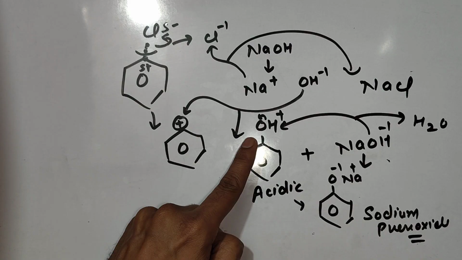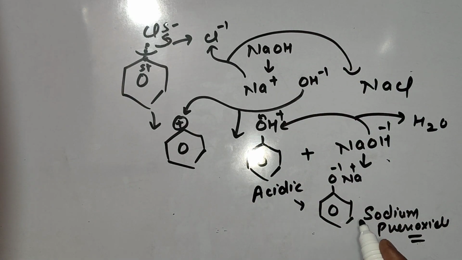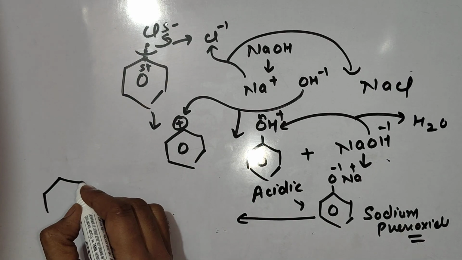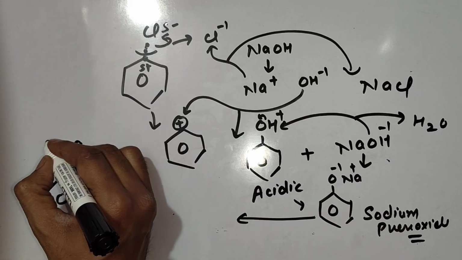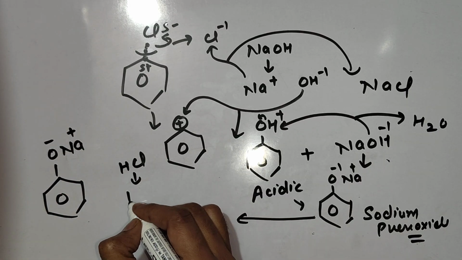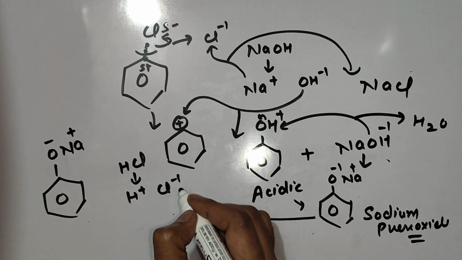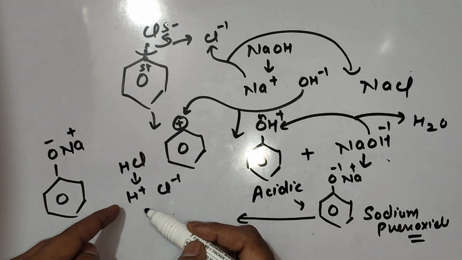Again, let me remind you, it's not a mechanism, it's a way to learn that reaction. Sodium phenoxide. Now finally sodium phenoxide is going to react with HCl. HCl will break into two parts, H positive and Cl negative, because acids are those which deliver H positive.